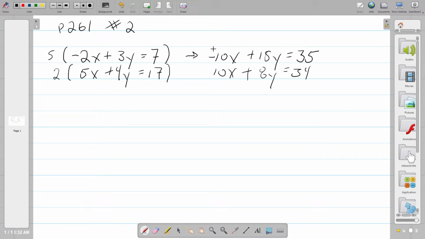And since we have opposite things, we can just add. Negative 10 plus 10 is 0x, plus 15 plus 8 is 23y equals 69.